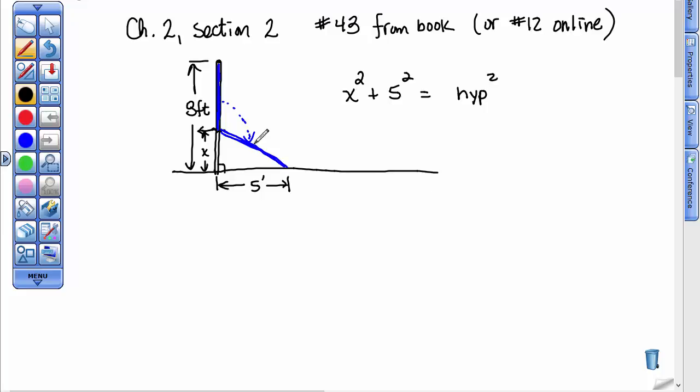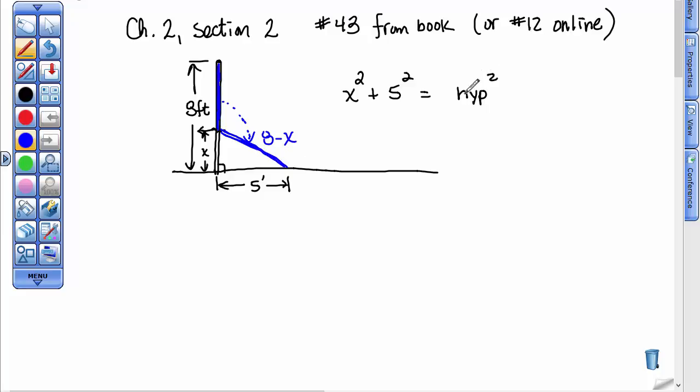So I've got to describe the length of this blue line, given that the whole bamboo was originally 8 feet. If I take away this length from it, that would represent this blue segment. So again, the 8 foot, take away the x, to get something that represents this segment that fell right here.